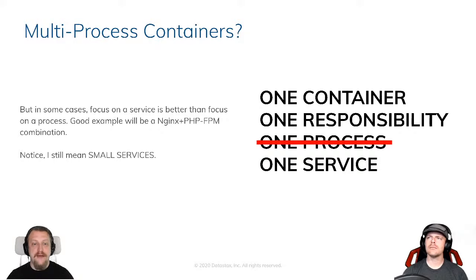And if we have Nginx and PHP-FPM working together, as a result, we have one container with one port opened, ready to serve all your HTTP queries. So that's important to understand: sometimes we do want to have multi-process containers.